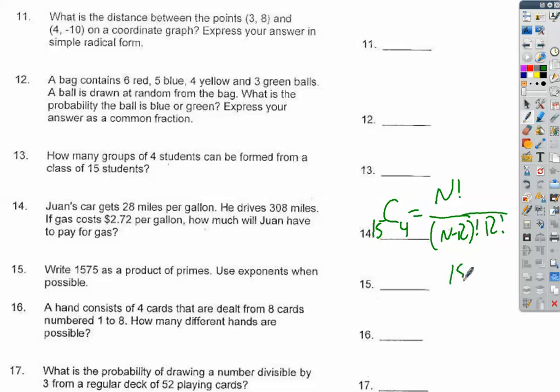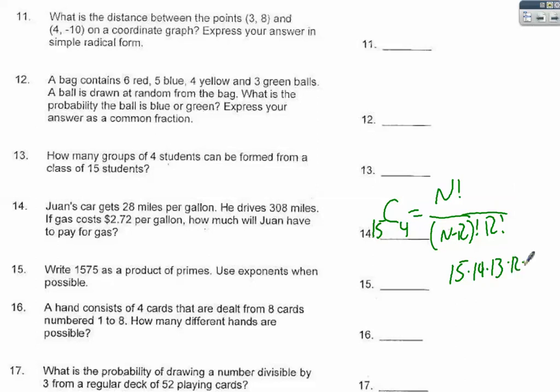So we have 15 factorial, which is 15 times 14 times 13 times 12 times 11 factorial, over n minus r. So 15 minus 4 is 11 factorial. And notice how I'm stacking this.